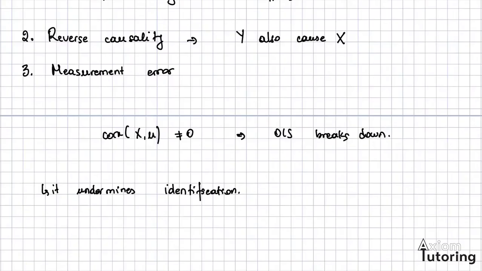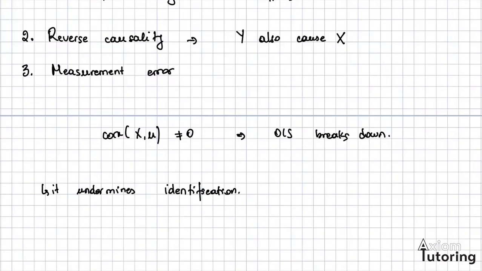So education is endogenous, and the OLS estimate picks up both the education effect and the ability effect. So this is OVB. We've seen it in the actual videos on omitted variable bias, but at the same time, this is seen through the endogeneity lens. So we have the same problem, but now the framework is just a little bit broader.